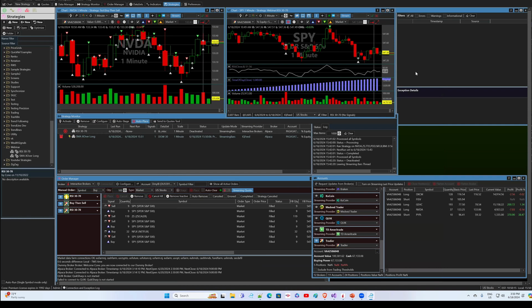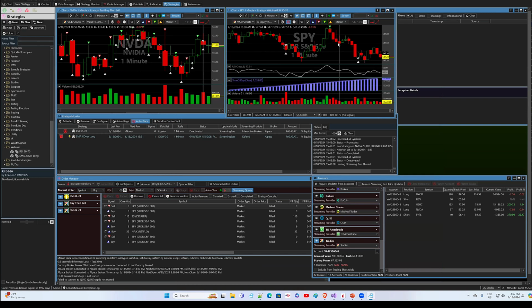The thing about it is, depending on the provider that you're using, right now I'm using IQFeed, but if I were using Interactive Brokers to generate orders for this strategy, a lot of brokers like TD Ameritrade, I'm not sure, Schwab's probably going to be about the same, Interactive Brokers, they use conflated data.